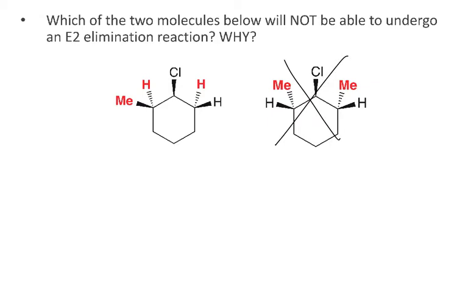Now, in this case, the chlorine is up, both of these hydrogens are down, so these hydrogens could participate in the E2 reaction, and so we would get an E2 elimination from here, but it would have to be one of these hydrogens.